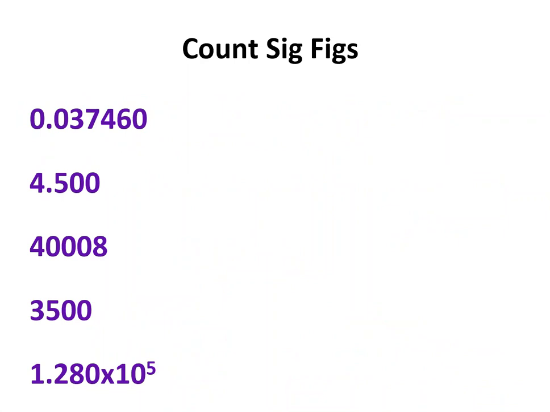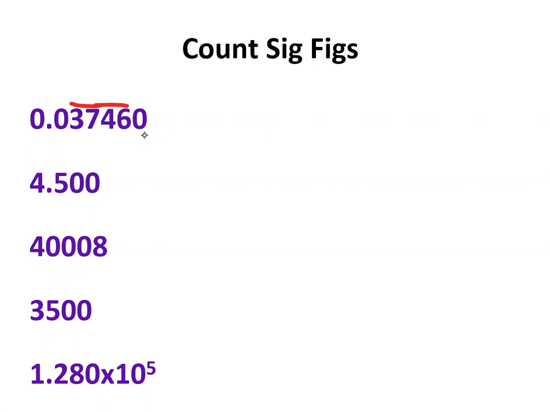Let's try a few examples. If you want to get ahead of me and see what you can do with these, you can pause. But just going through these, leading zeros never count. Anything that's not a zero counts, so all of those do.